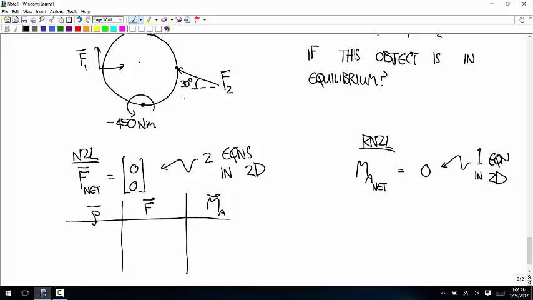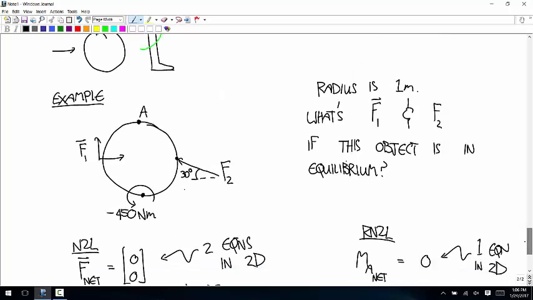So one by one, we're going to go through these loads. Force F1, what's the r vector for that force F1? I didn't give directions, but let's use the normal ones.